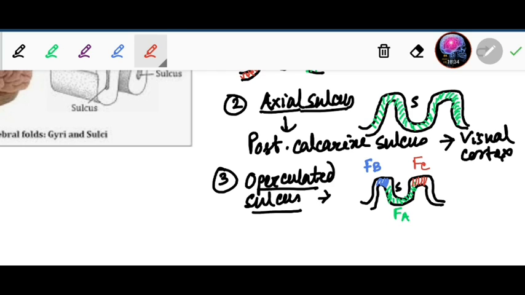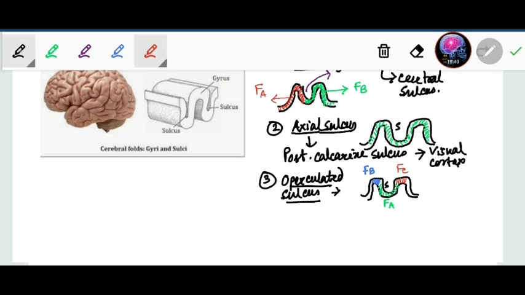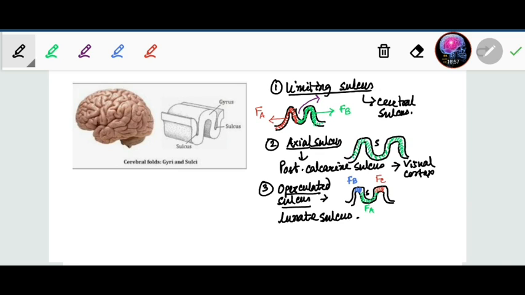So this type of sulcus, where the walls and floor contain one functional area and its two lips separate other functional areas, is known as operculated sulcus. For example, lunate sulcus is such an operculated sulcus.